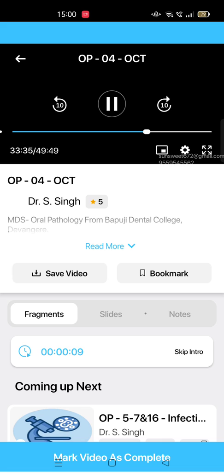This honeycomb appearance can also be seen in pindborg tumor or odontogenic myxoma. And if the size of the loculation is big enough, then this multilocularity has been compared with soap bubble appearance. Both soap bubble and honeycomb appearance are associated with ameloblastoma.